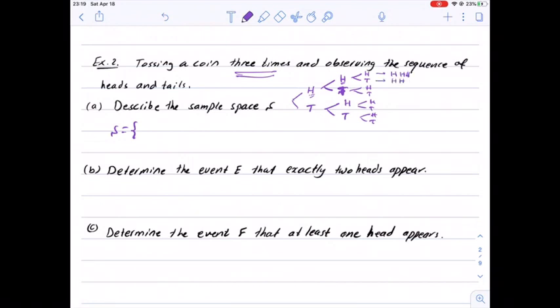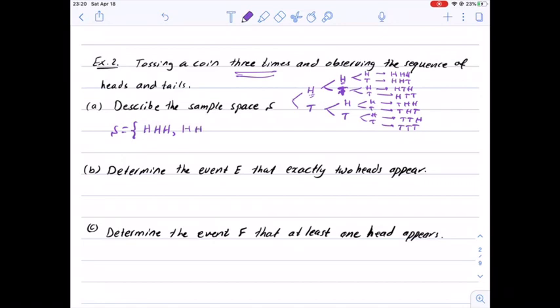Here we have head, head, head. Here head, head, tail. Here head, tail, head. Head, tail, tail. Tail, head, head. Tail, head, tail. Tail, tail, head. And tail, tail, tail. So we can write them using roster set notation.